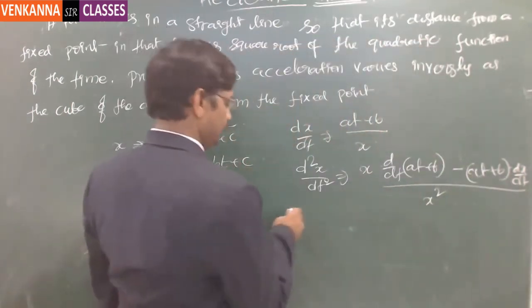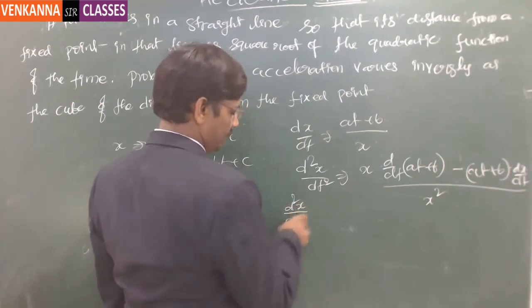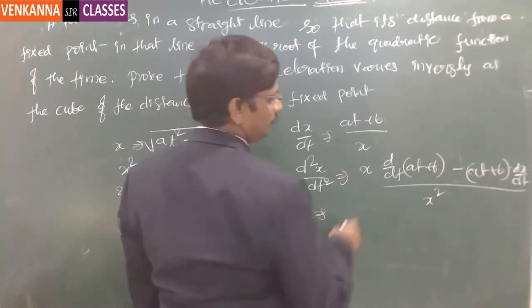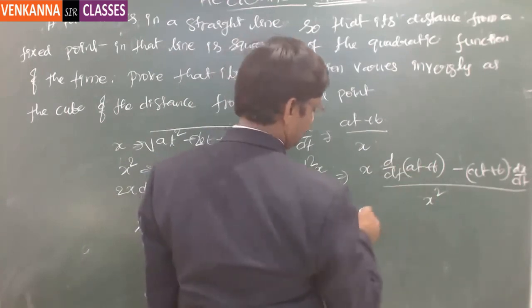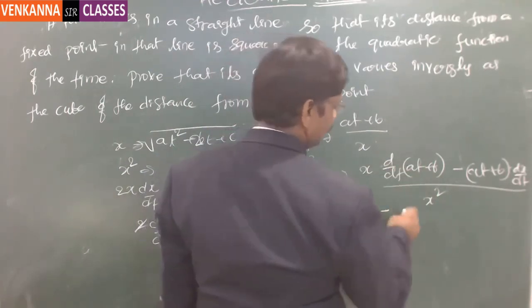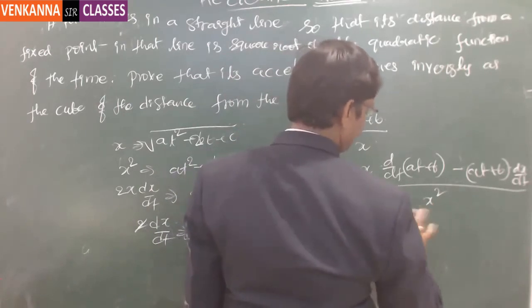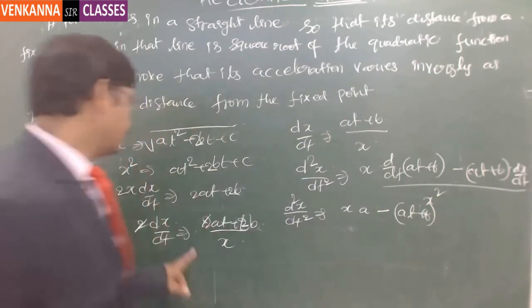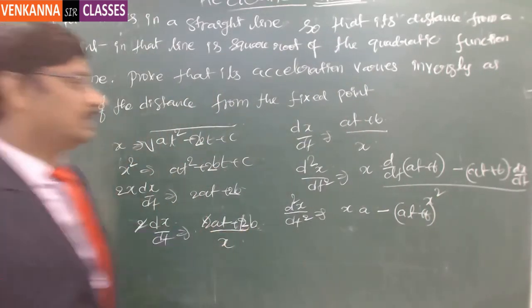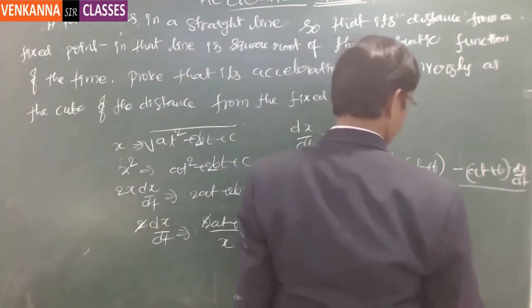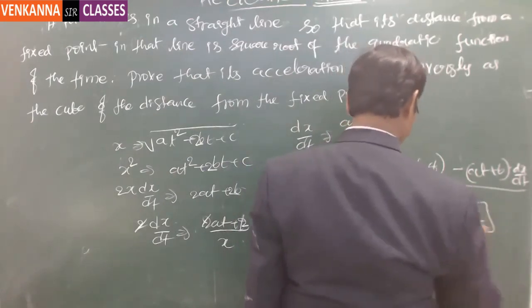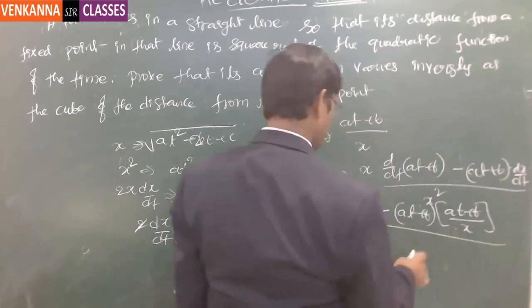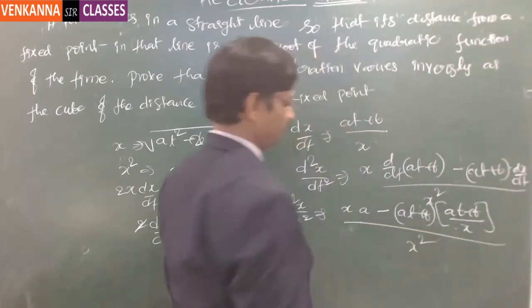So this is d square x by dt square is equal to x times d by dt of at, which is nothing but a, minus at plus b times dx by dt, which we have already calculated, at plus b by x, divided by x square.